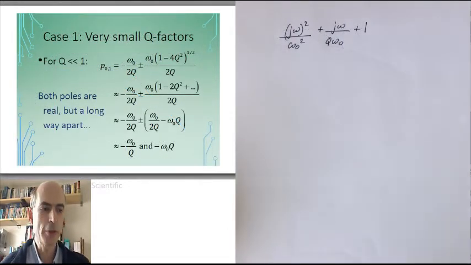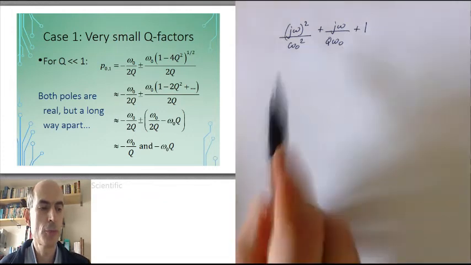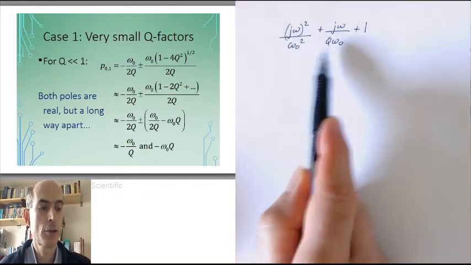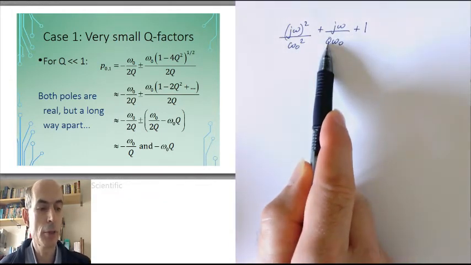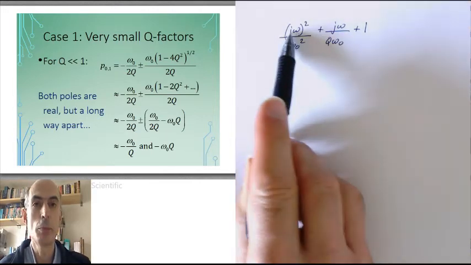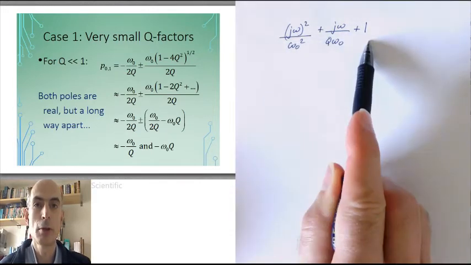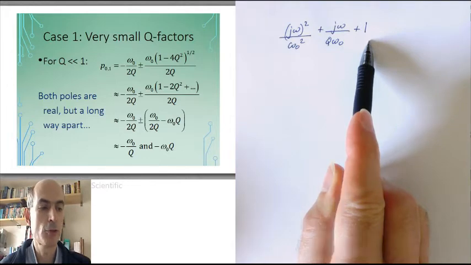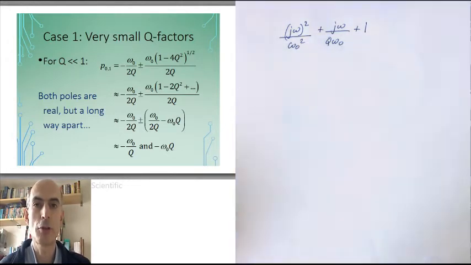Now, you can determine the poles in terms of the resonant frequency and the Q factor by noting that the poles are the values of j omega for which this expression must be 0. In other words, they are the roots of this quadratic.